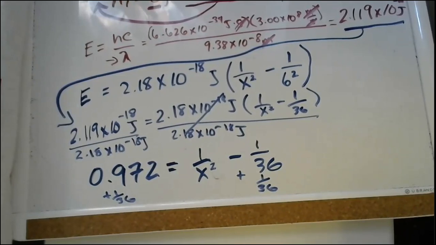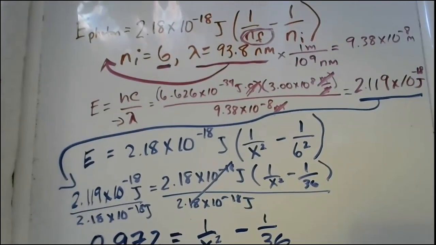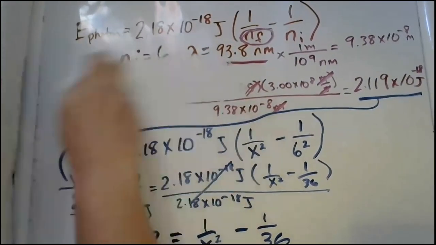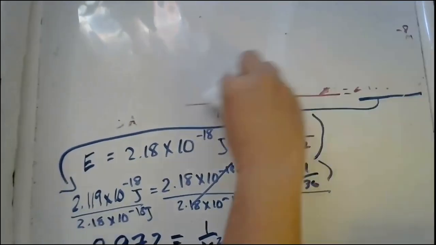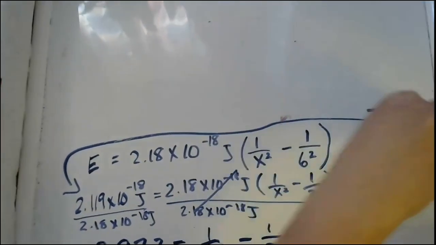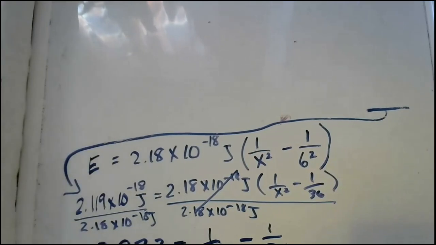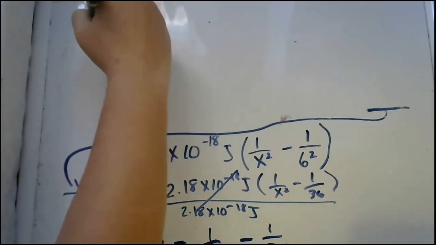I'm going to erase the top of this so we can keep on working. Let me switch colors so we can keep it separate. So 0.972 plus 1 over 36 is 0.9999.